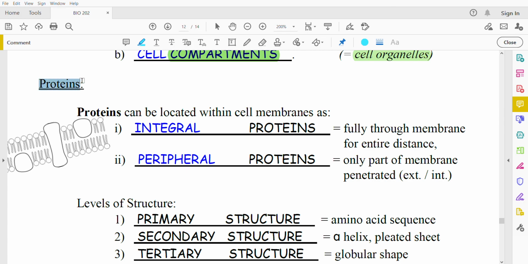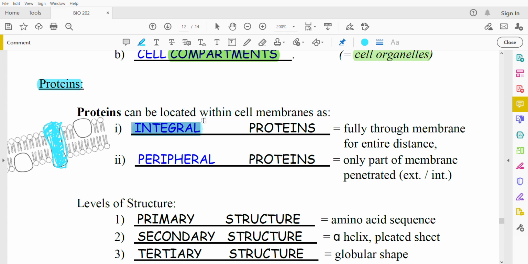So proteins, we've seen them already earlier on within the structure of a plasma membrane, these proteins that go through the entire distance of the plasma membrane. Well, these proteins that extend all the way through a membrane are known as integral proteins.